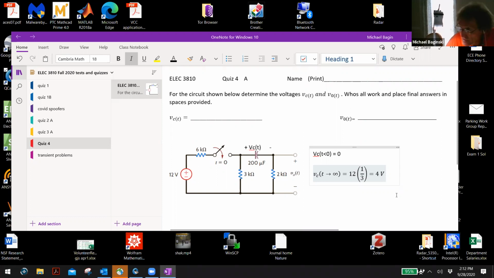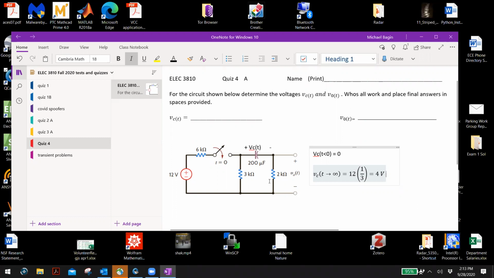You see that? Yes. So then you've got what? Tau is equal to R times C, or it's 200 microfarad times 4K, right? Or 0.8 seconds, isn't that right? Mm-hmm. And then you write the equation, but that's how you do that one.